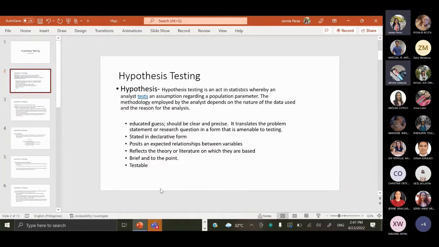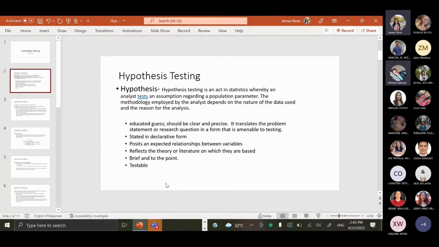And the hypothesis posits expected relationships between variables or expected differences between groups. So a hypothesis is a statement of relationship or a statement of difference between groups that are being compared.